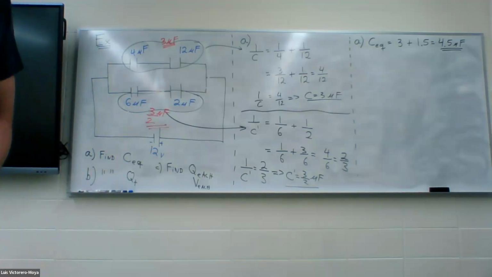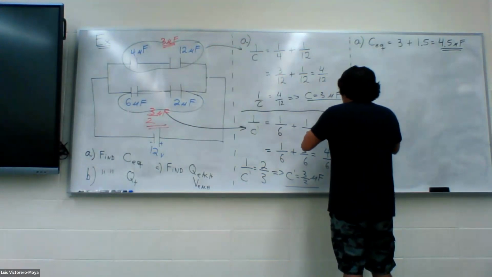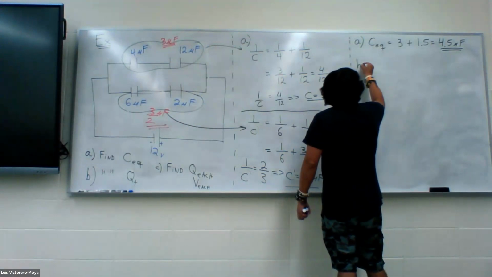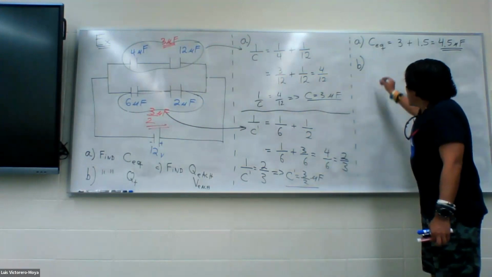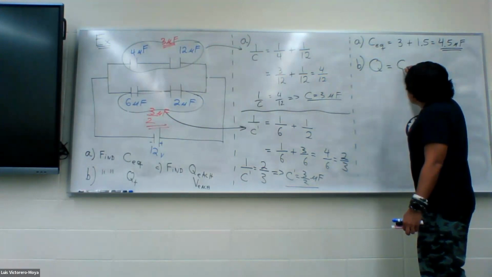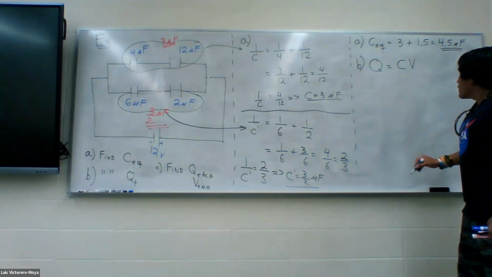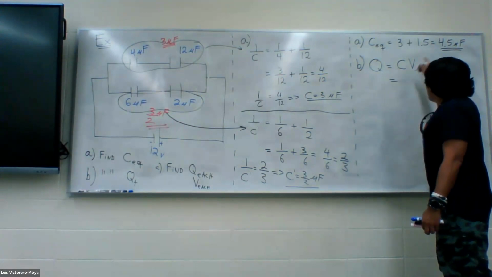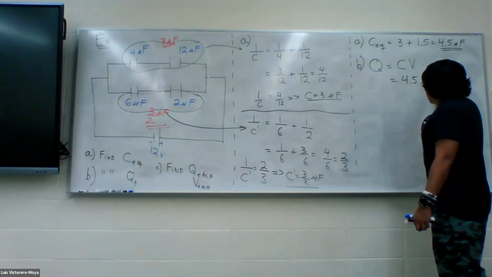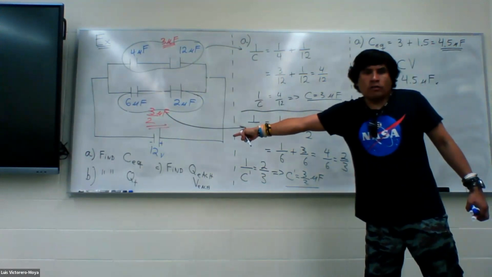Well, we have to write for part B, the charge is equal to C times V. So here will be 4.5 microfarad multiplied by the voltage 12.